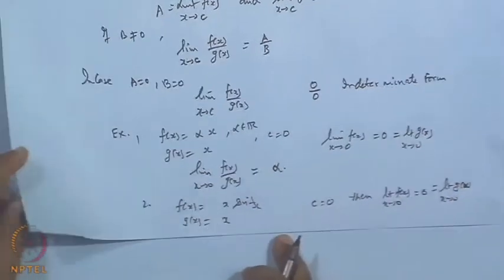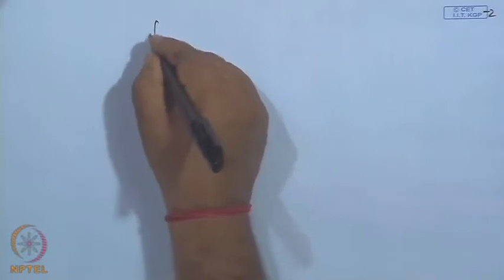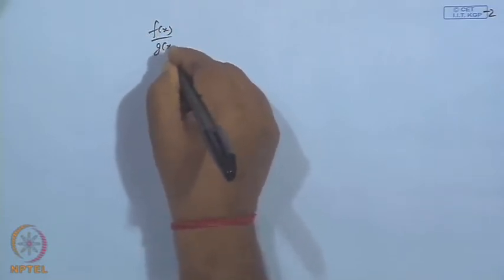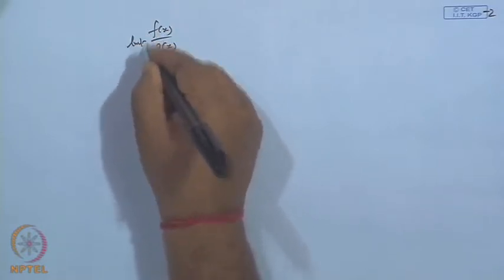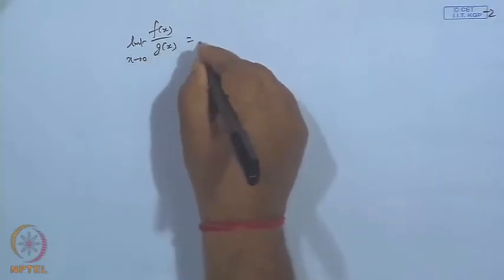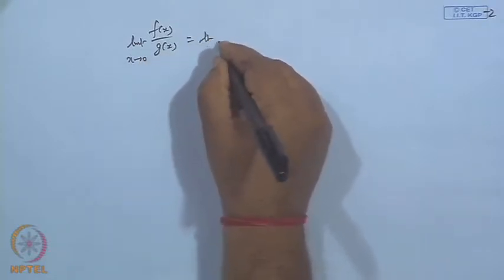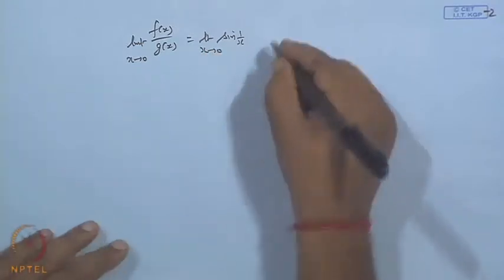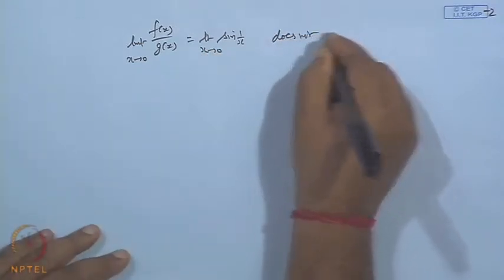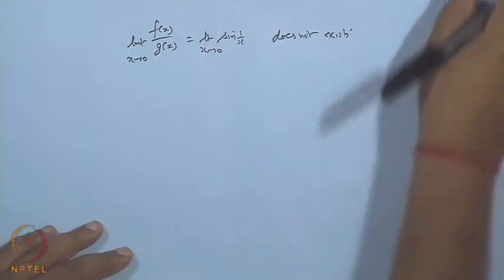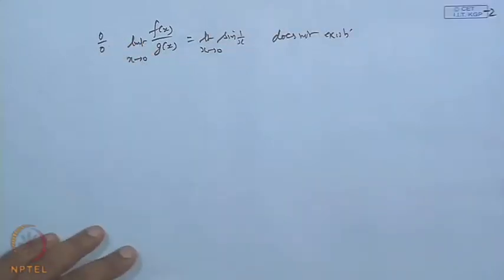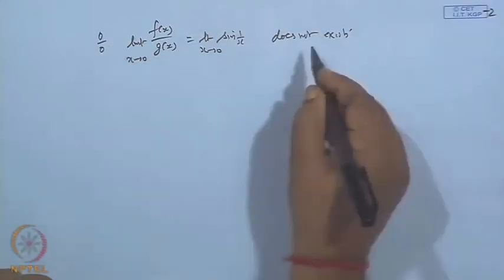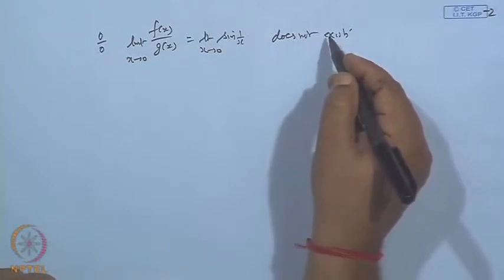But when you take the limit of f(x) by g(x) as x tends to 0, it comes out to be the limit of sin(1/x) as x tends to 0, which does not exist. So, in the initial form it is 0 over 0 form, but the limit does not exist.